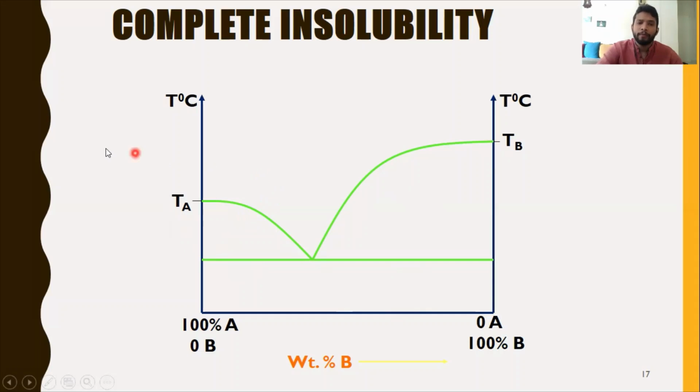Now when you look at this phase diagram, this part is the liquid, and when it comes down, it becomes partially solid, then completely solid. From this side, when it is solidifying, the liquid is still liquid, but when we are cooling down, on this side A is high, right?